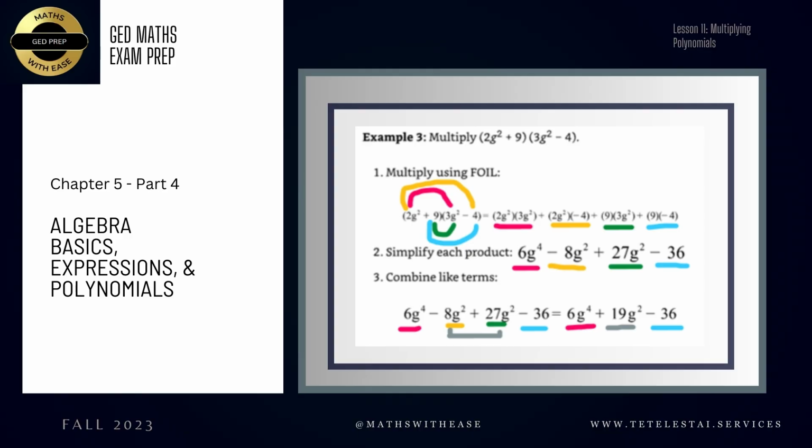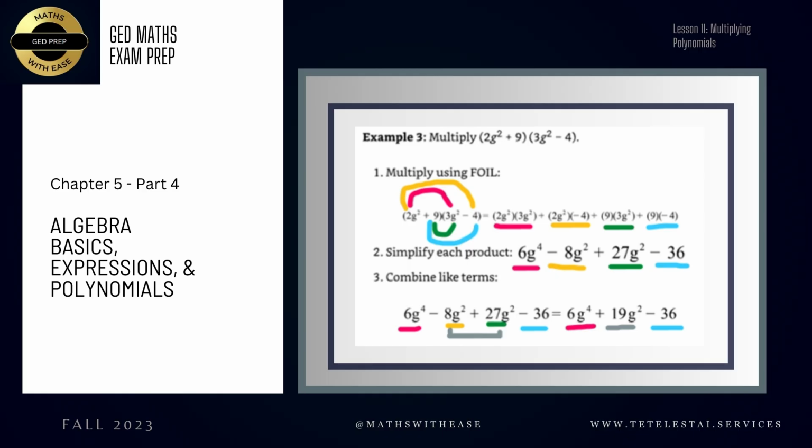And so now we've simplified our expression even further. And now we continue to check our expression to make sure that we haven't left any like terms over. And we can see from our expression that we have negative 8g squared, and we have a positive 27g squared.